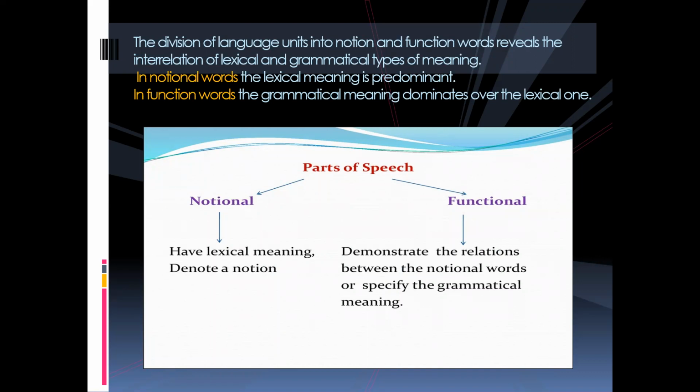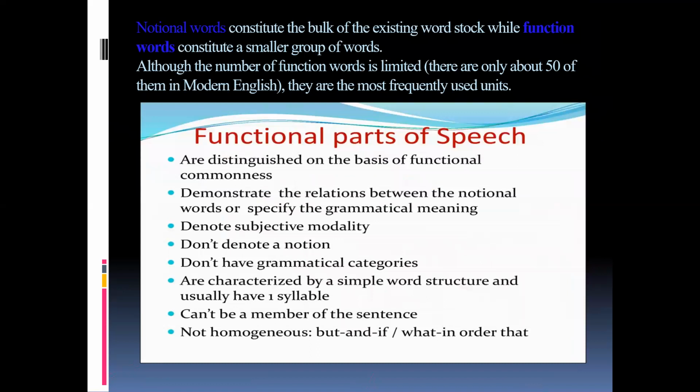In notional words, the lexical meaning is predominant, and in functional words, the grammatical meaning dominates over the lexical one. Notional parts of speech, having lexical meaning, denote a notion, while functional parts of speech demonstrate the relations between the notional words or specify the grammatical meaning.